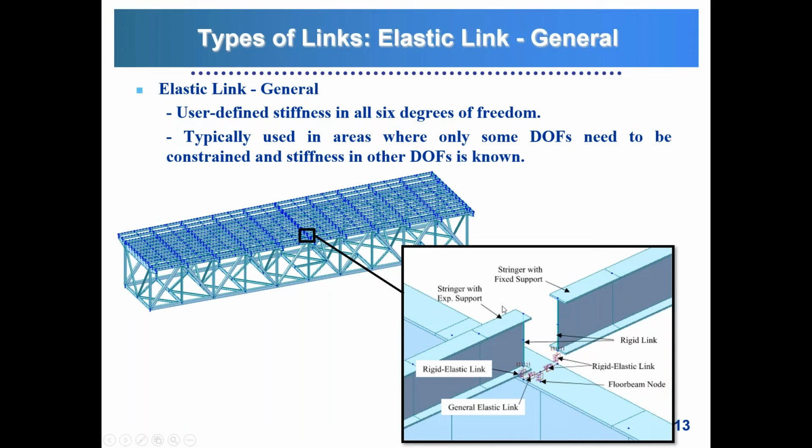So for the one with the expansion support, we define this link here as a general elastic link. And all degrees of freedom except for the axial degree of freedom, we wanted them to be rigid. So we had a very high stiffness to simulate rigid behavior, and then the axial stiffness, we set that to 0. So we could get that expansion at the support of the stringer.